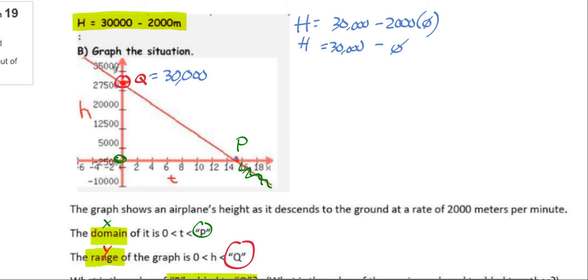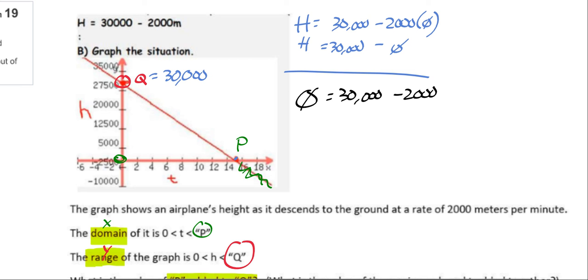Next, how much time? That's where the height of the plane is 0. So if we say 0 is equal to 30,000 minus 2,000 m, then I want to solve for m. I'll move the 2,000 over because it's a negative and I want it to be positive.